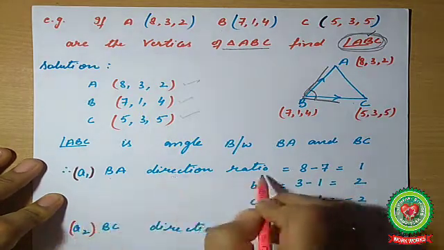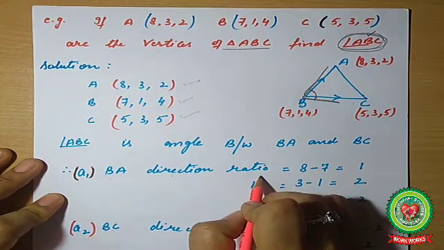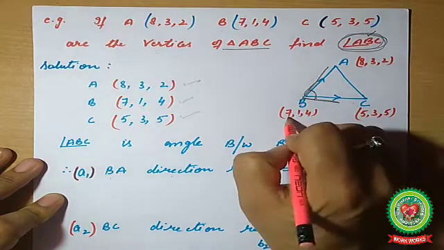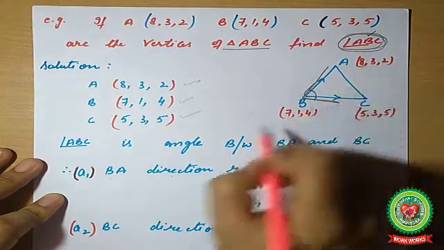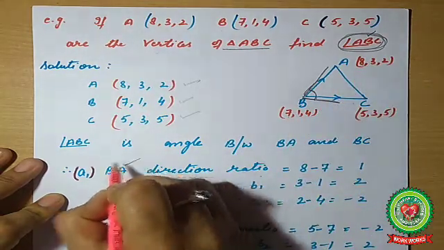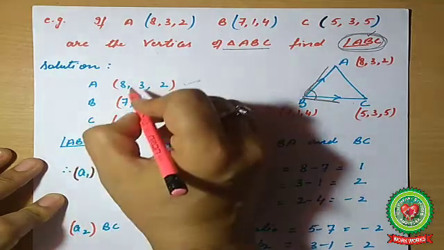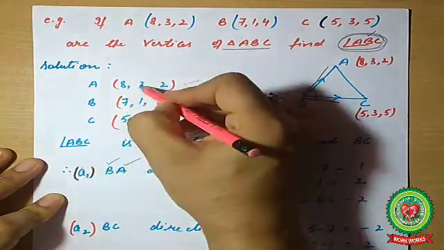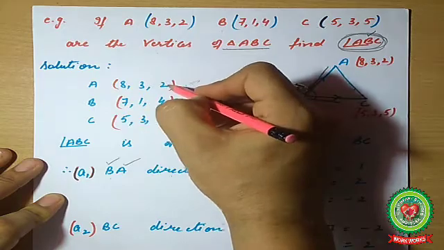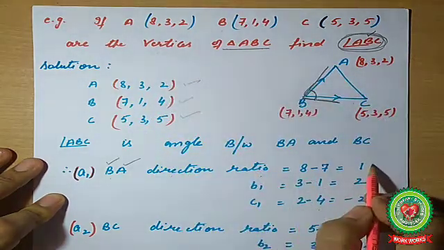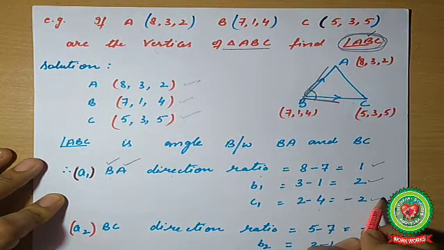So how can we find the direction ratio of BA? A point first, then point B: 8 minus 7, 3 minus 1, 2 minus 4, which equals 1, 2 and minus 2.